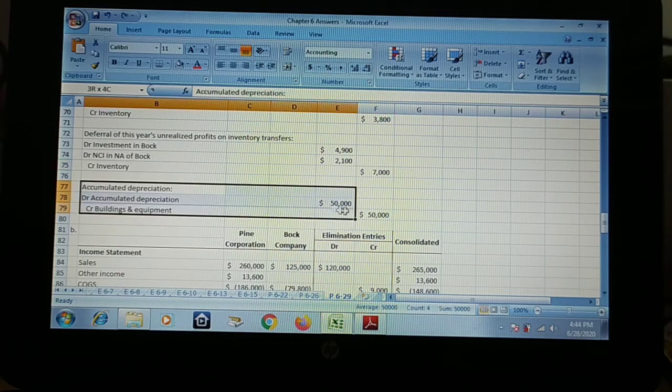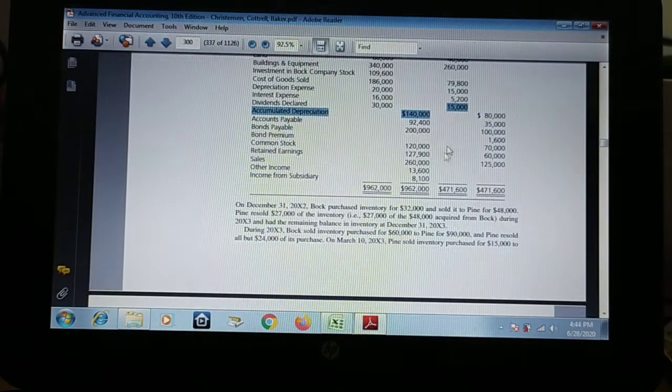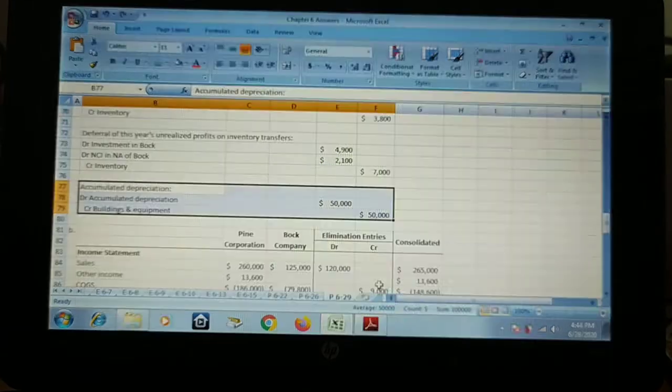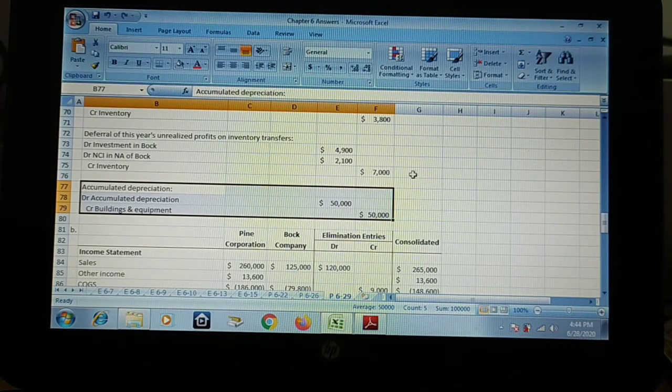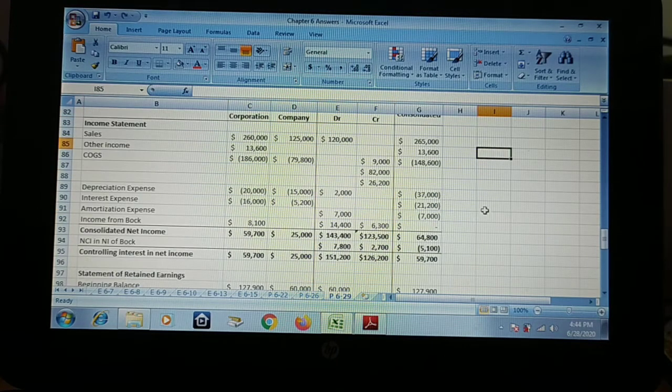And then we have the accumulated depreciation. So actually minus 2 years depreciation expense, because we are using the first time of acquisition accumulated depreciation. That's for A, and then we go to B.